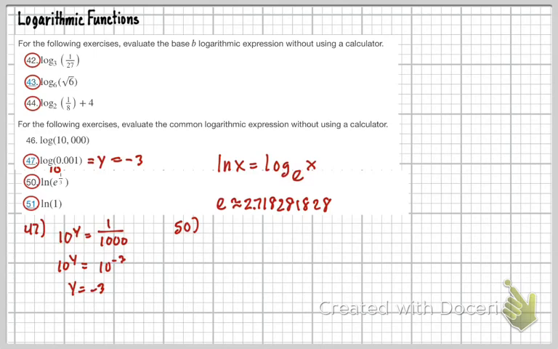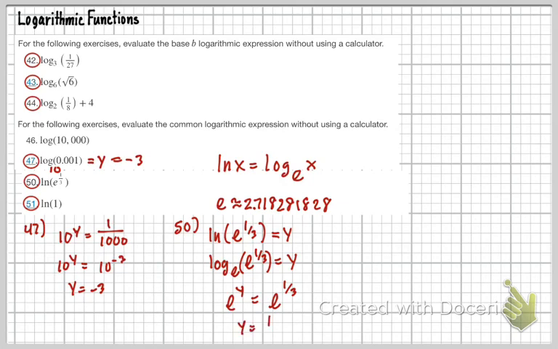So for 50, we have the ln of e to the 1/3. I'm going to set that equal to y. But first, you may want to think of it as log base e of e to the 1/3 equals y. Because then I can say e to the y equals e to the 1/3, and that makes this very simple to work with as well.